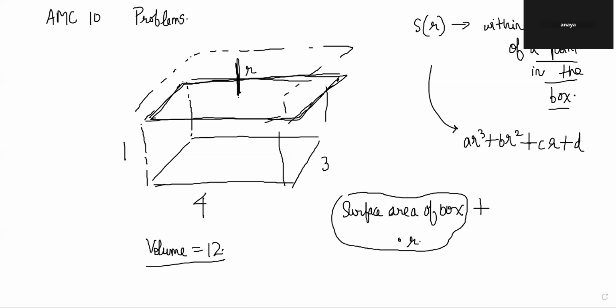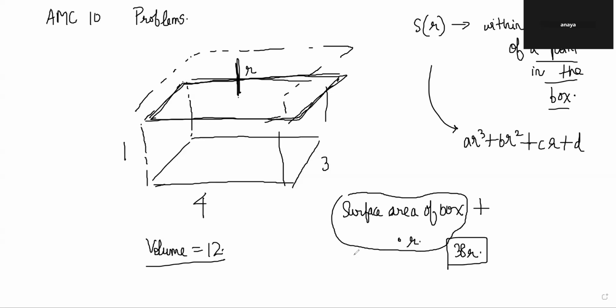That would be the surface area, which is twice of L into B plus B into H plus H into L. So twice of 3 plus 4 plus 12. 3 plus 4, 7 plus 12, 19 into 2, 38. 38r is the required volume here.